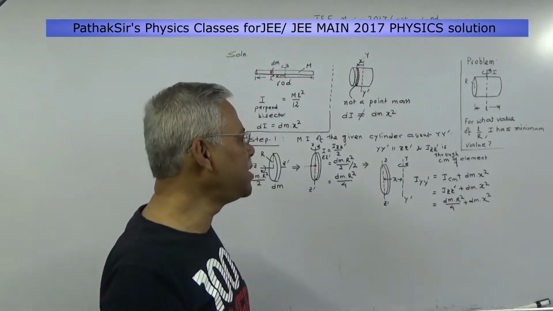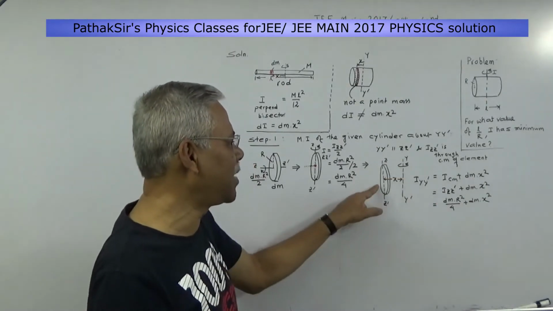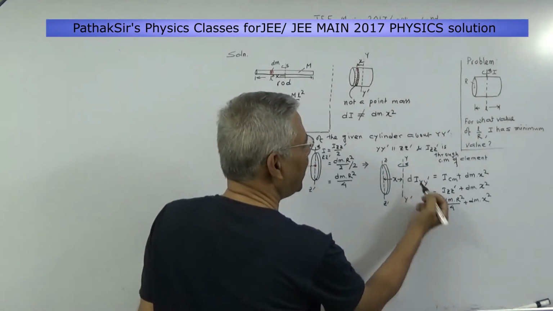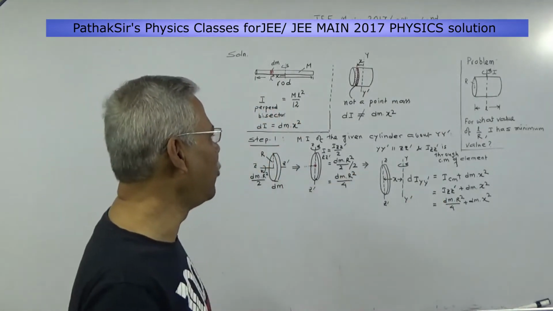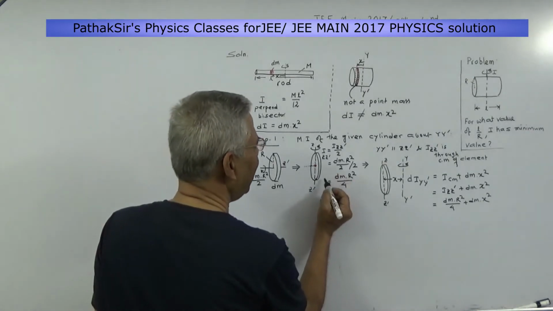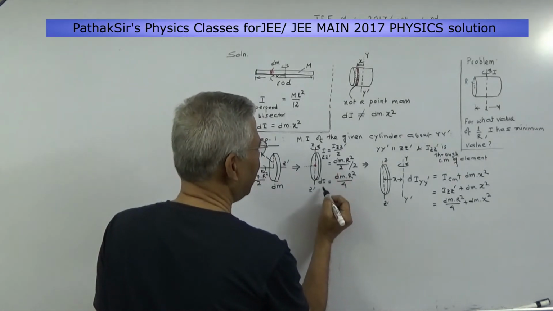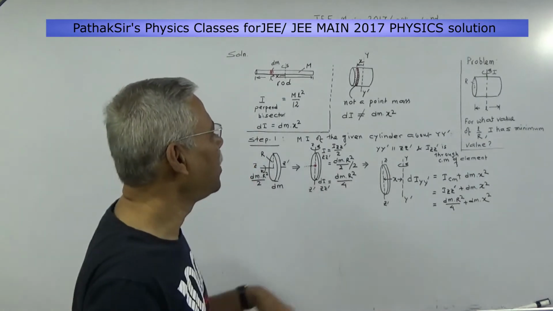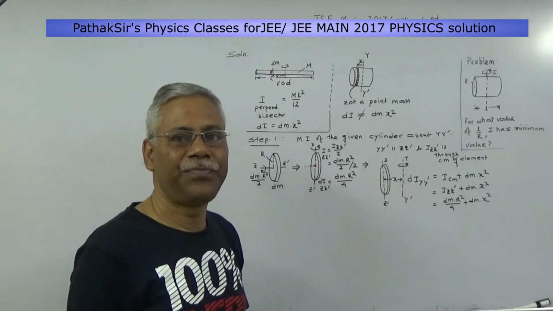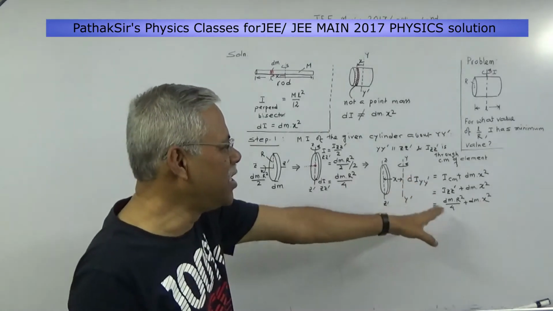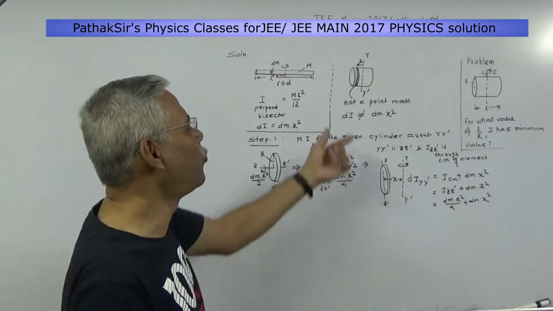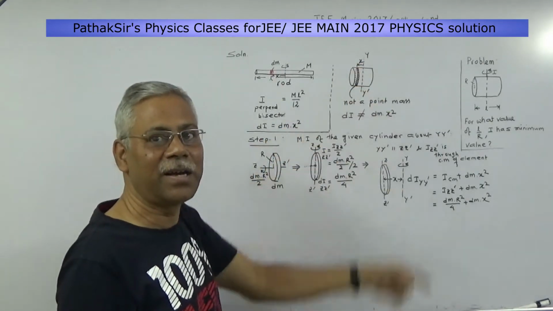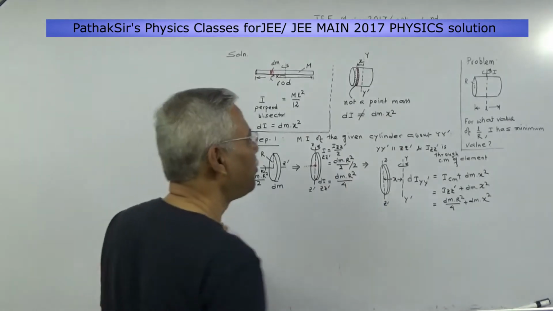Since we have considered a very small element, a small mass, we should better write it as dI_YY dash. Similarly, this is dI_ZZ dash. Now you have understood that we have to integrate this in order to find the moment of inertia of the entire cylinder about axis YY dash.